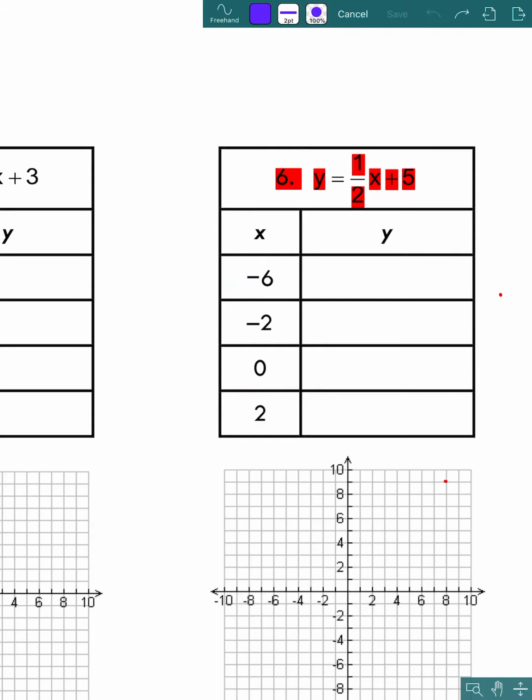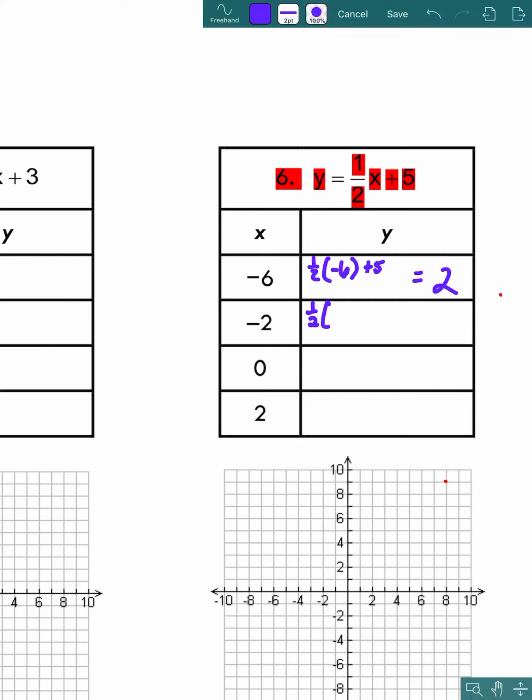You can have decimals in your equation, but usually we like to pick numbers that aren't going to give us weird decimals. So negative 6 is our x value, so y equals half of negative 6 plus 5. So half of negative 6 is negative 3. Negative 3 plus 5 is going to give us 2.